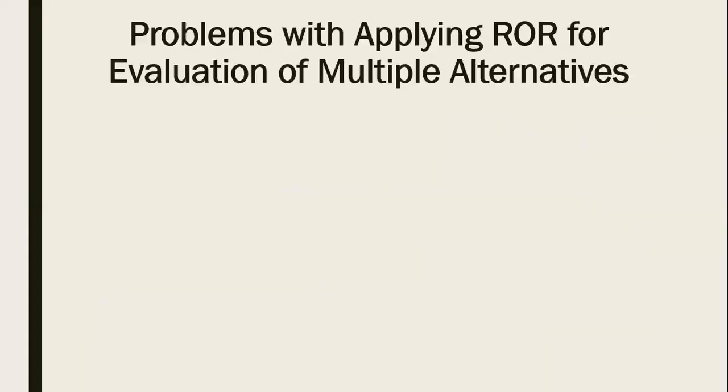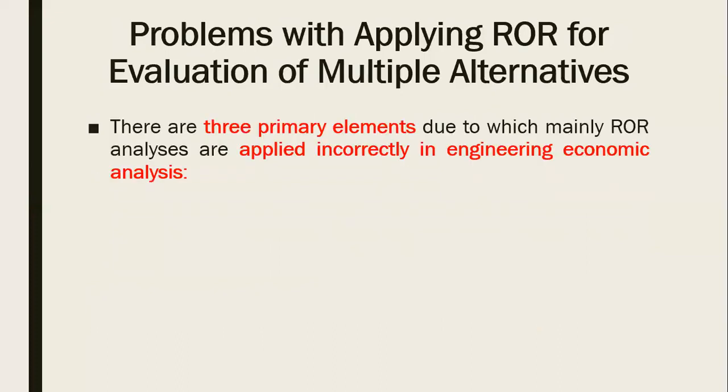Now, problems with applying rate of return for evaluation of multiple alternatives. There are three primary elements due to which rate of return analysis is mainly applied incorrectly in engineering economic analysis. First, the incremental cash flow series. If you ignore incremental cash flow analysis while evaluating mutually exclusive alternatives, your answer will be incorrect.